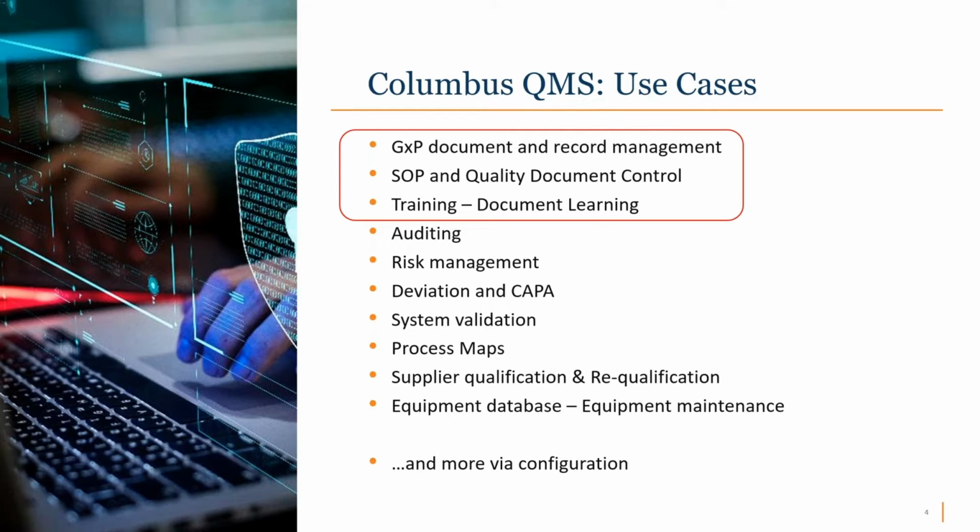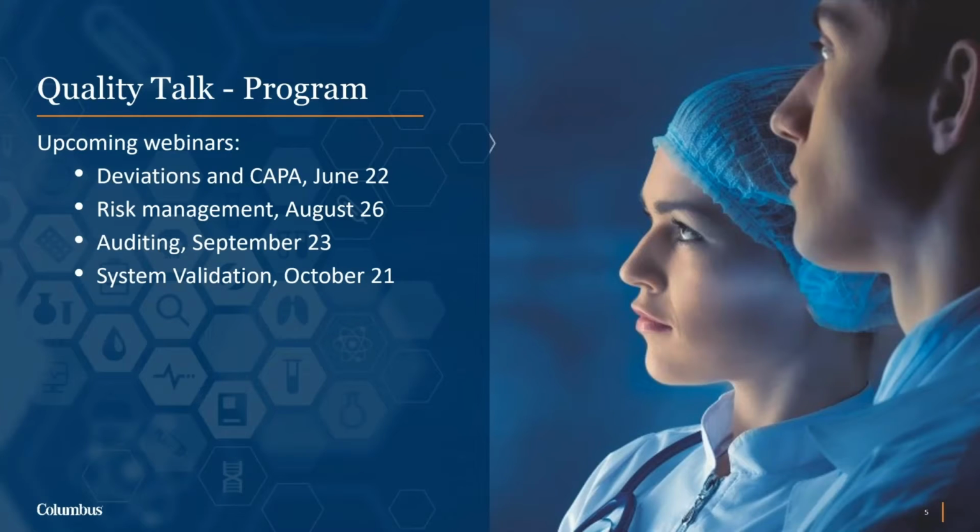However, today we will be focusing on the first three, as I've said. In a broader context, this is only the first quality talk in a program of at least five. We will continue in June. On June the 22nd, we will be talking about deviations and corrective and preventive actions.